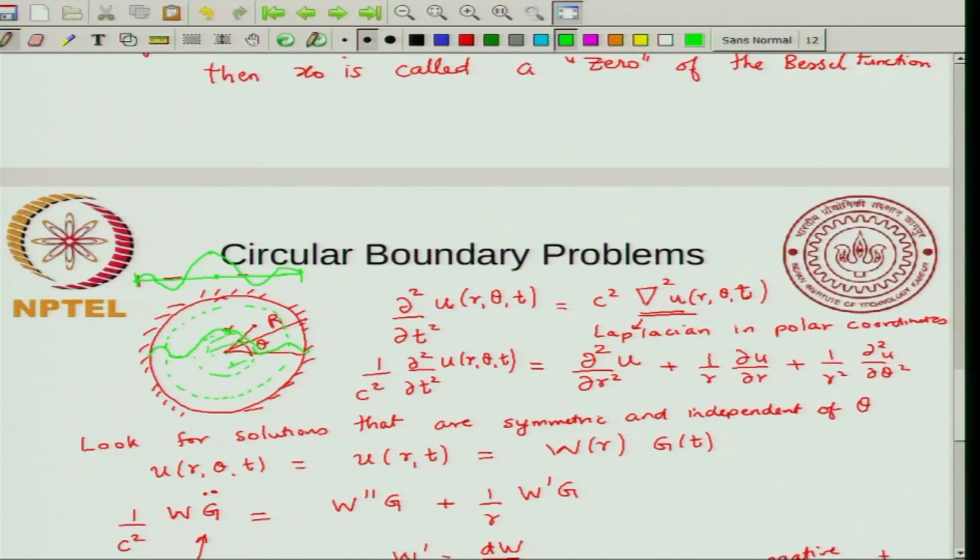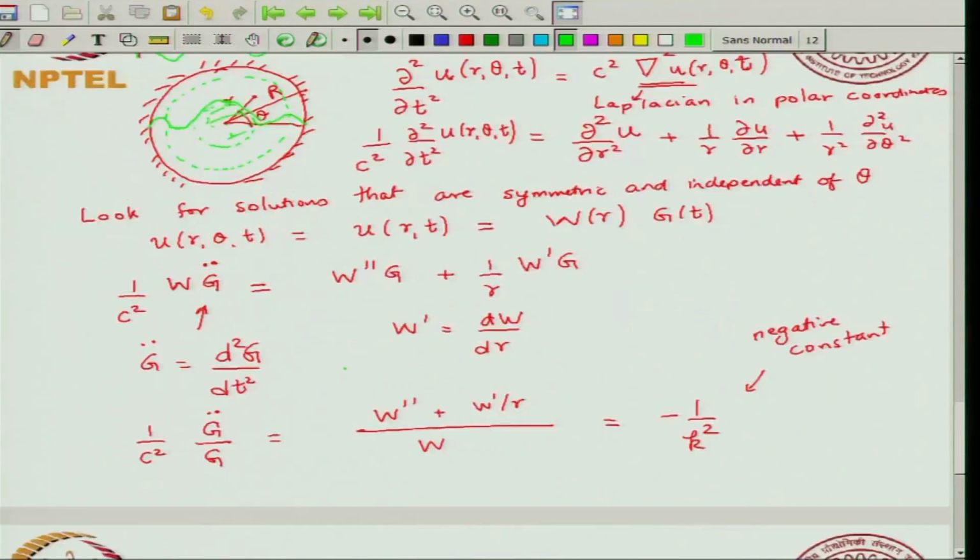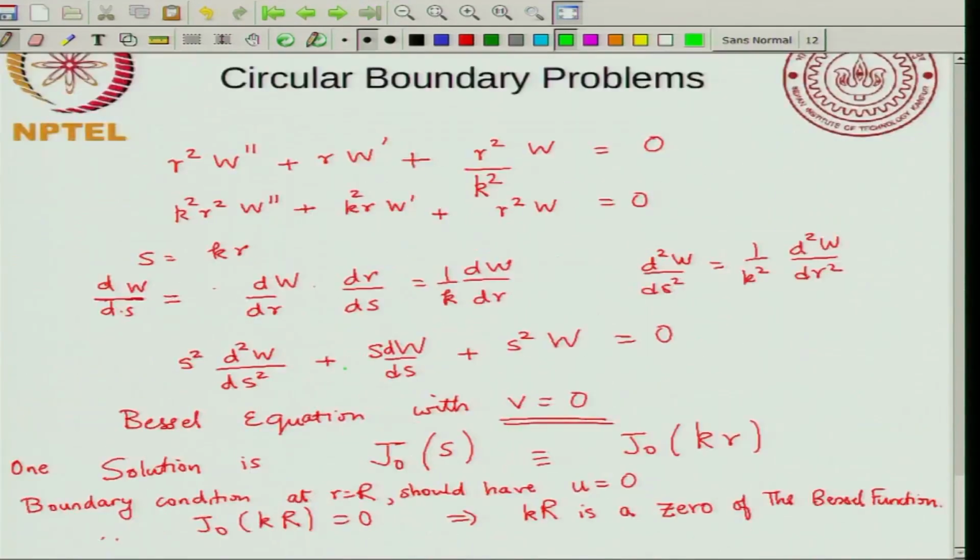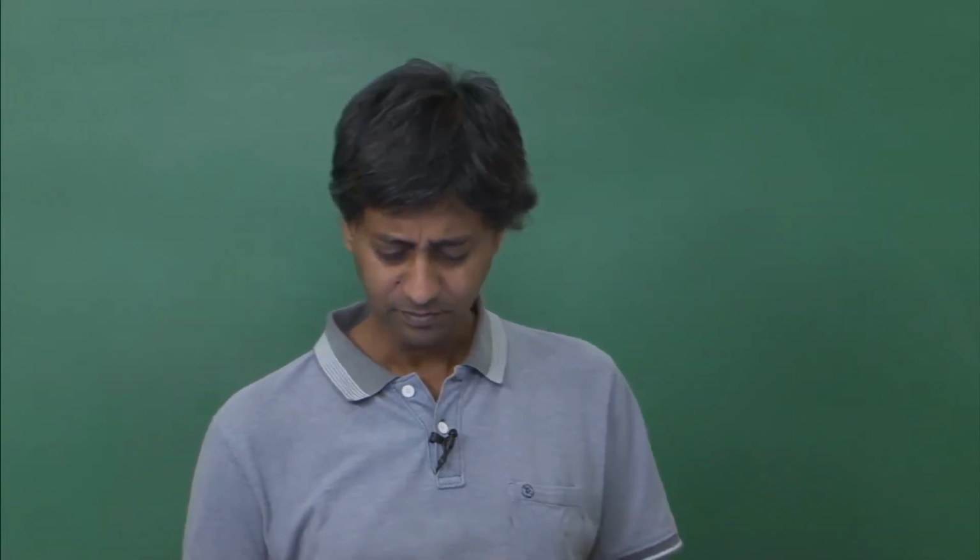So, the vibrations of any drum that you take will involve these Bessel functions. I just wanted to show you where Bessel functions appear very naturally in circular boundary problems. Similarly, if you take a particle restricted to a circular region, you will again see the Bessel equation appearing.